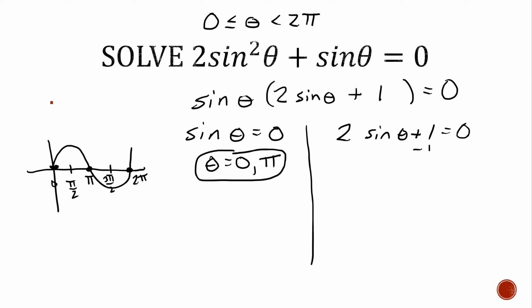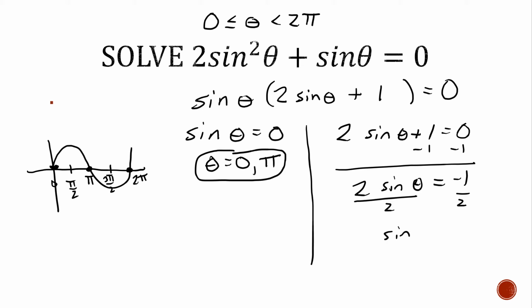And then over here, I'm going to solve for sine. So I'll subtract 1 from both sides and divide both sides by 2. So I need places where sine is equal to -1/2. That is going to be in quadrant 3 and quadrant 4.